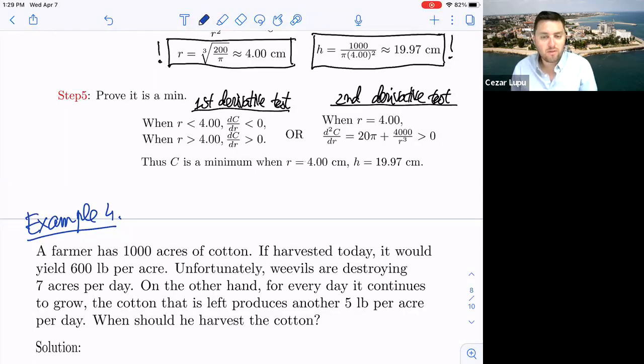Unfortunately, weevils are destroying 7 acres per day. On the other hand, for every day it continues to grow, the cotton that is left produces another 5 pounds per acre per day. So we would like to see when he should harvest the cotton. This is a little bit more complicated.